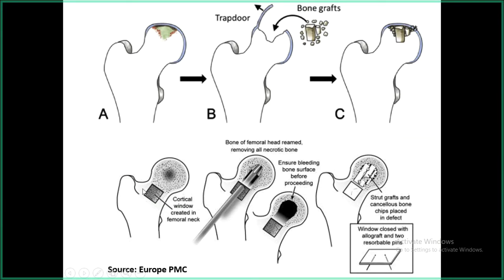And second is the light bulb technique, where an anterior or posterior cortical window is made here. You can drill this area like you drill in the core decompression, and you can put some graft here and close this area with the anterior or posterior femoral cortical window.